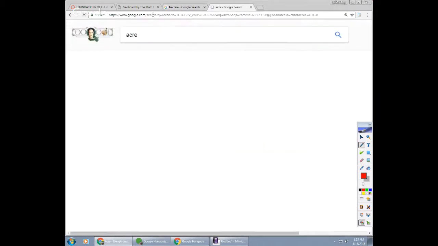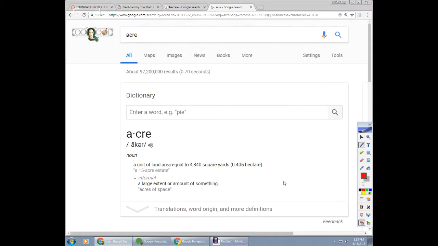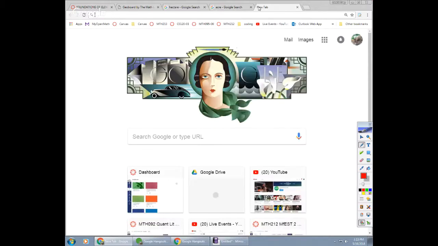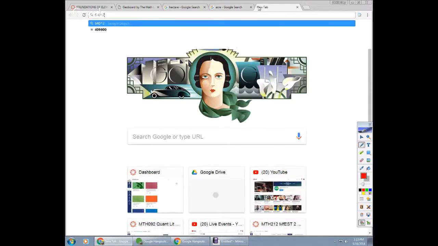Let's see, what's an acre? An acre is 4,840 square yards, which I think, if I remember, is 640 times 640? Where the heck that came from, I have no idea. 640 squared? Oh no, that's way too big. 64 squared, maybe? No, that's not it either.